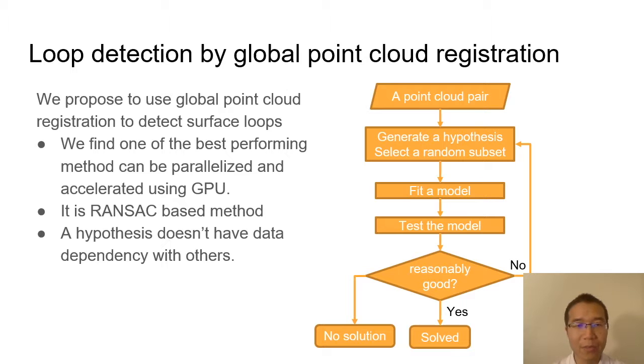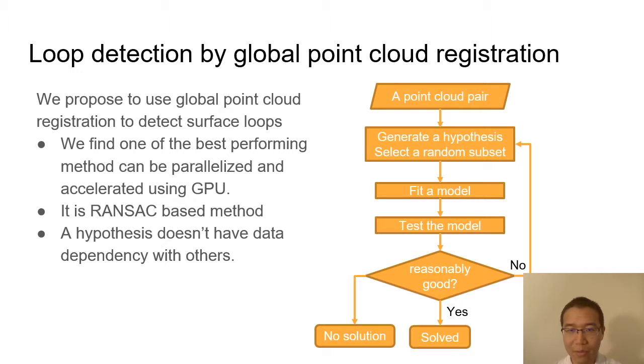We find that one of the best performing methods can be parallelized using GPU. It is a RANSAC-based method, and on the right is a block flowchart of this method.